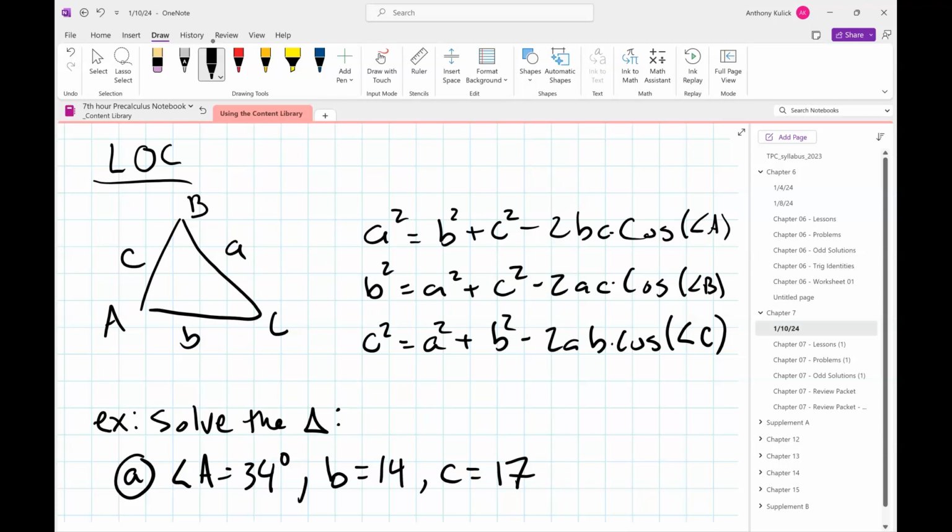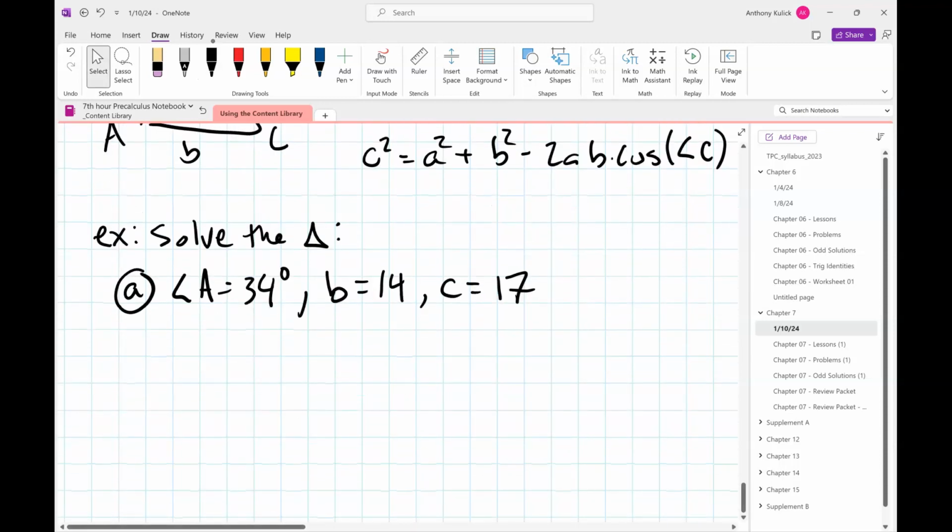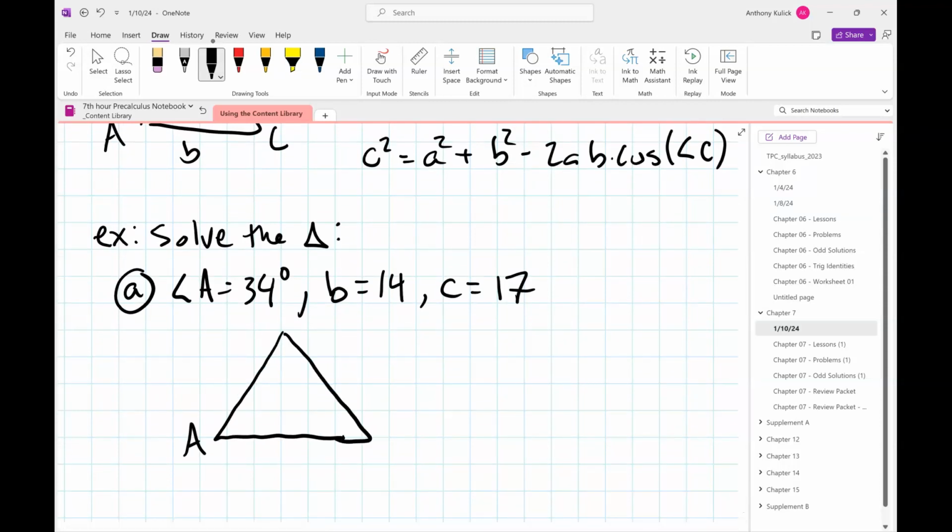Okay, so new example, solve the triangle. First step, I'm going to draw myself a picture. Label my triangle angles A, B, and C. So side A, side B, side C. Add in my values, 34 degrees, 14, 17.